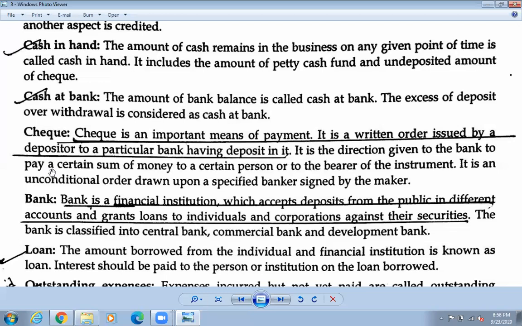You need to give to Syam, so you write down Syam Kumar Sundar. I don't know who this is, Syam Kumar Sundar, 1,000.